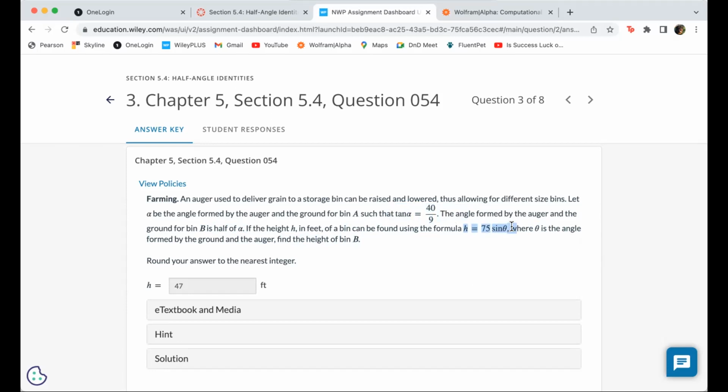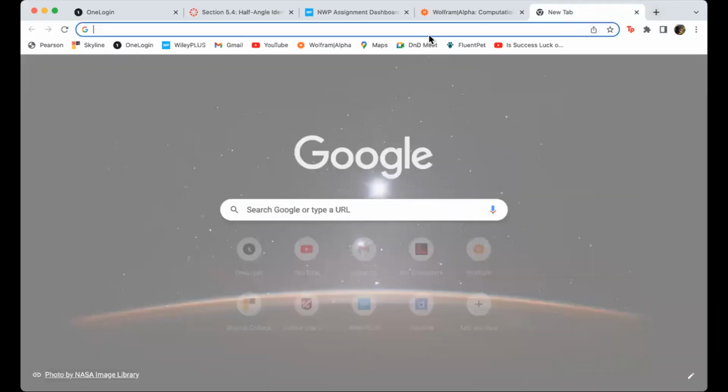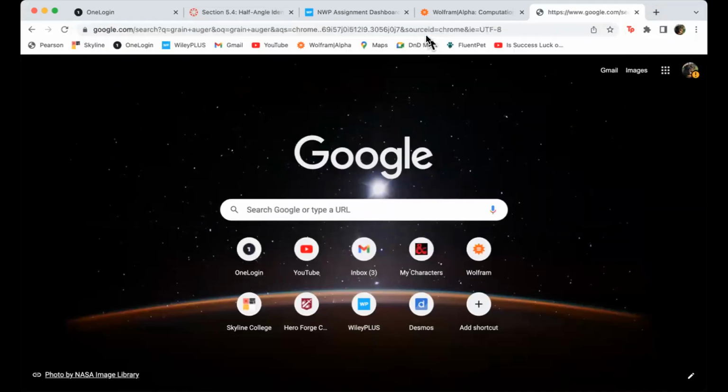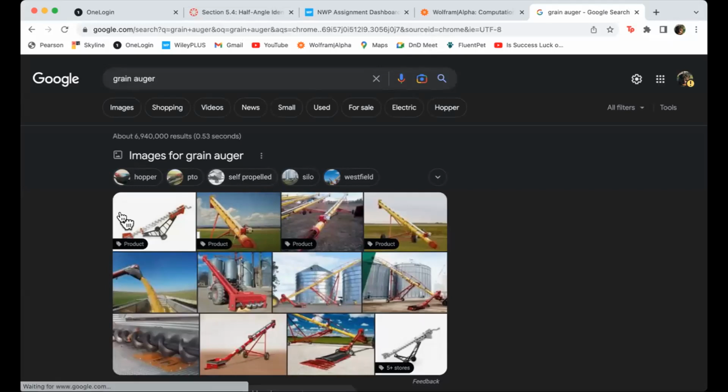The auger. They worded it. Yeah, it sits inside of a tube.